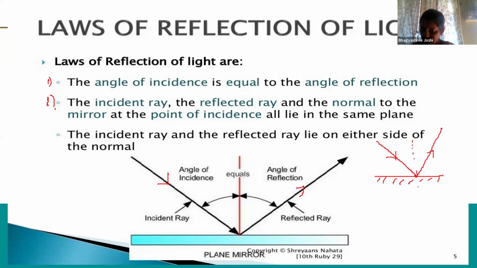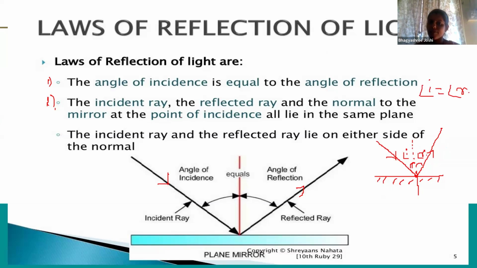If you draw one normal, the angle between the incident ray and the normal we call the angle of incidence, angle I, and the angle between the reflected ray and the normal is the angle of reflection, angle R. Always angle I is equal to angle R for a smooth surface. So it is called regular reflection. Okay, so the first law is that the angle of incidence is equal to the angle of reflection.